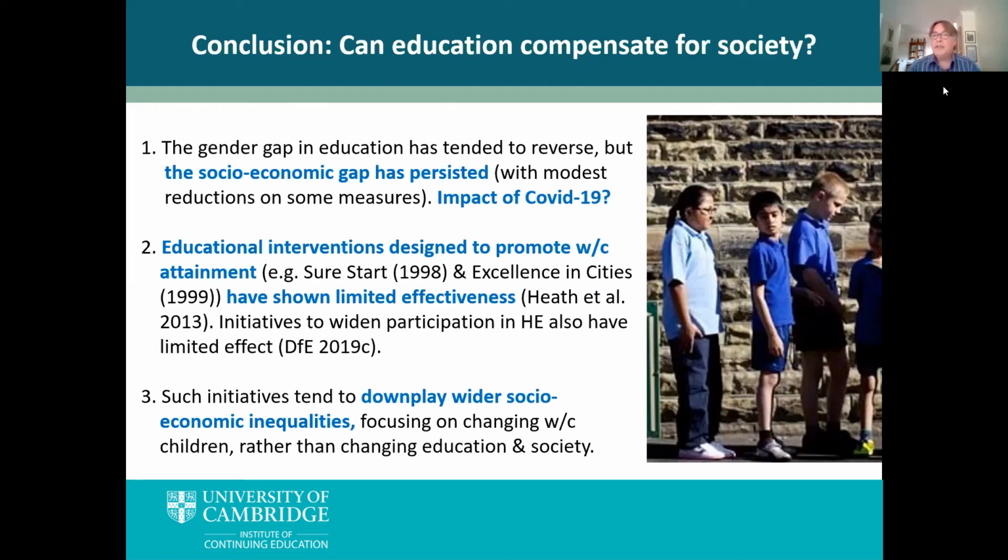But the research evidence on the socioeconomic gap in achievement is much more depressing. It tends to show by most measures that the gap between middle and working class has tended to persist. And certainly in terms of my own PhD research, I found between GCSE and A-level, the gap in performance between working and middle class pupils persisted. And moreover, it was 5 times greater than gender inequalities in education.